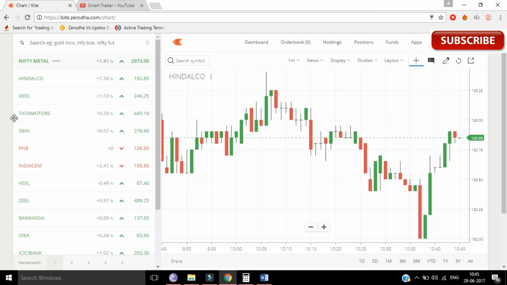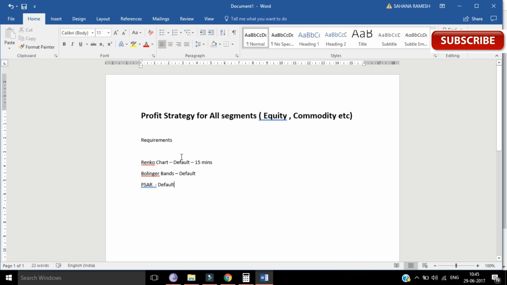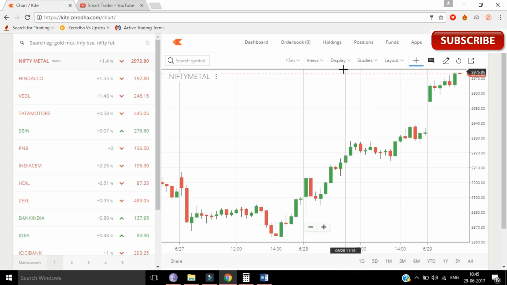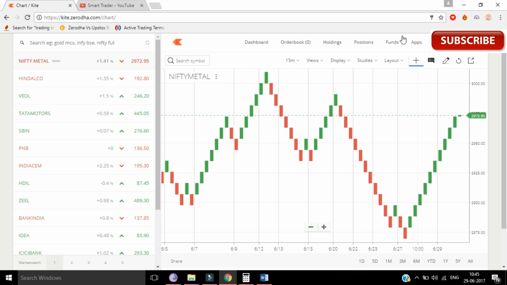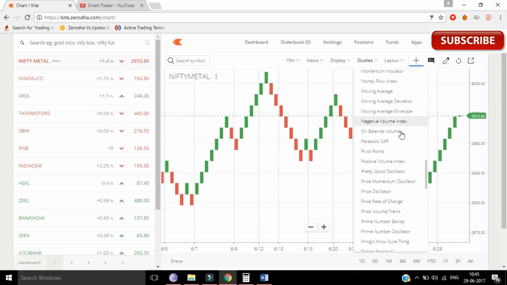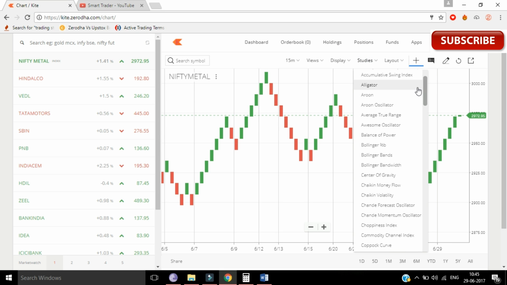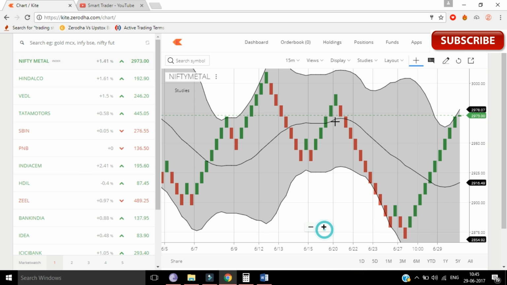So going to one of the charts, let's apply the 15 minutes candle as per the plan. Let's go to Renko chart. Okay, now go and put a Bollinger Band. Default settings.